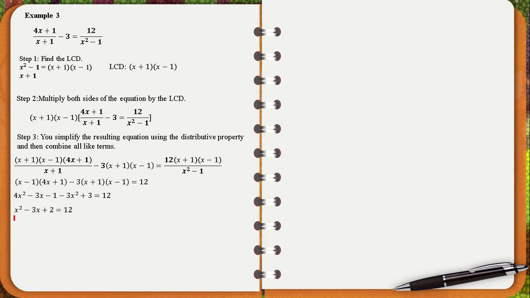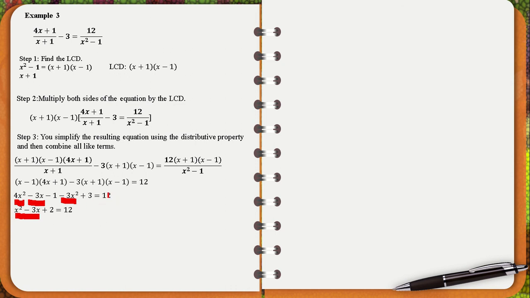Simplify na po natin. So, pinag-combine po natin yung similar terms. So, 4x squared minus 3x squared is x squared. Negative 3x, wala naman yung kaparehas na term, so kopyahin lang po. Minus 3x.